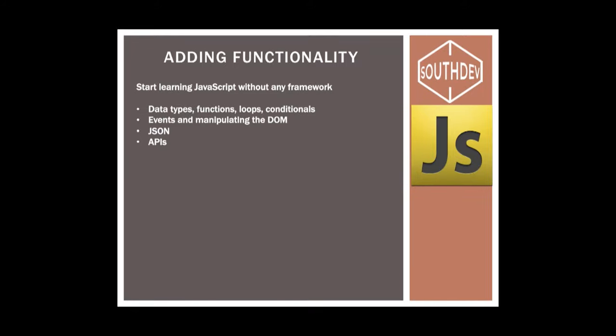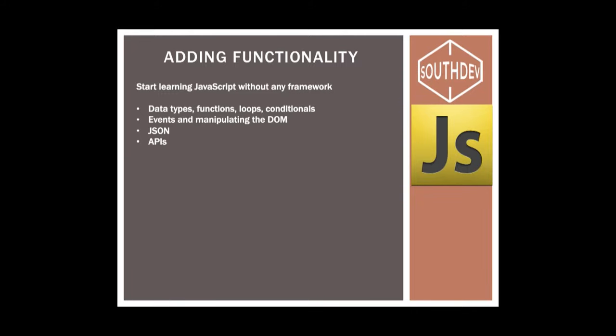Then JavaScript really adds your functionality to the sites, like events and manipulating what happens. You can do stuff dynamically from your JavaScript that'll change stuff in your HTML. It's really powerful.